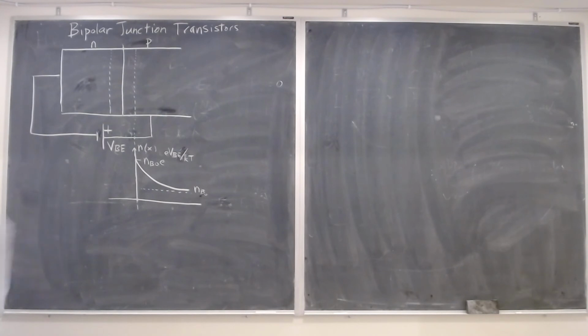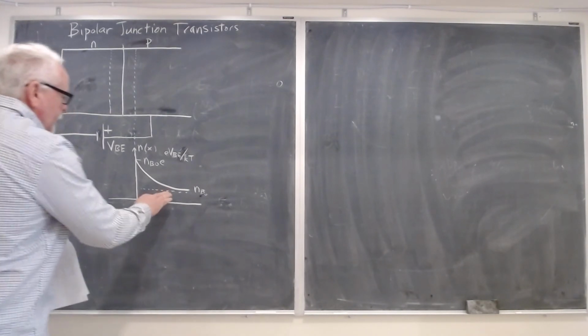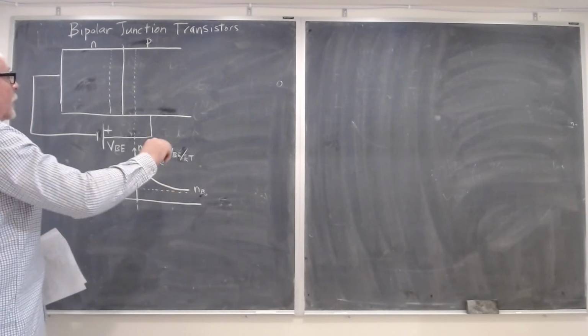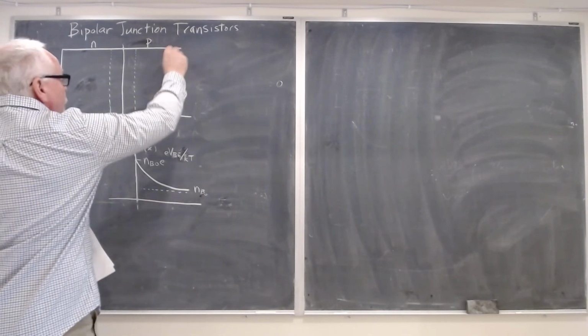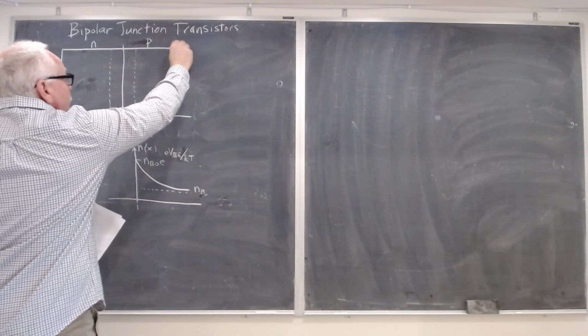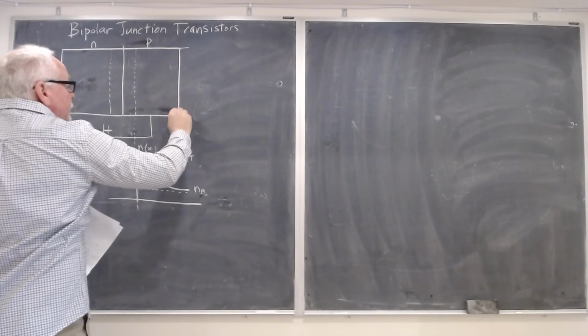Okay, so far so good, but what we're going to do now is change this picture, because we're going to put another junction over here.